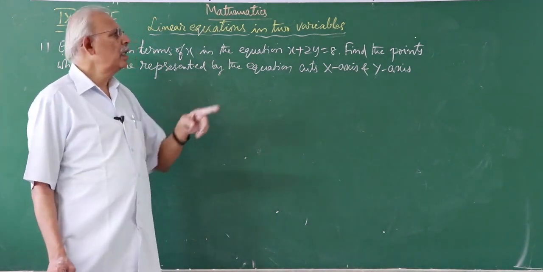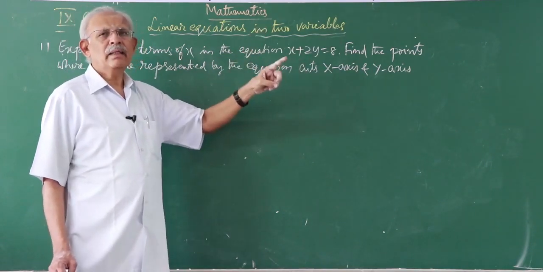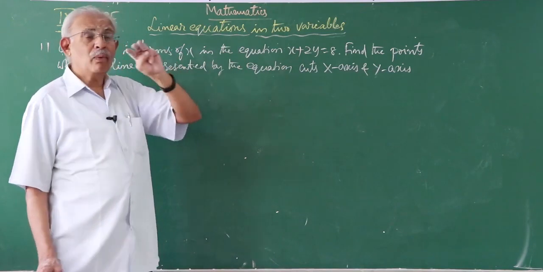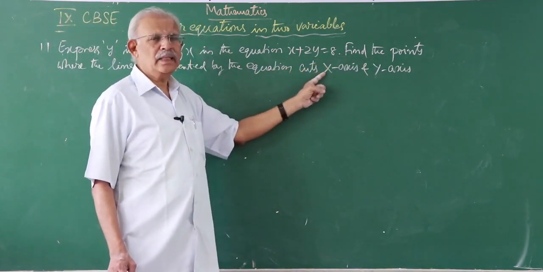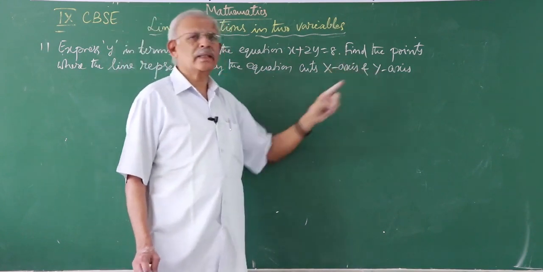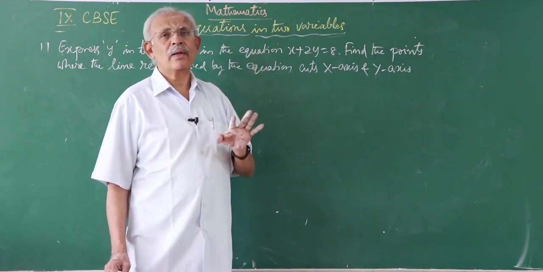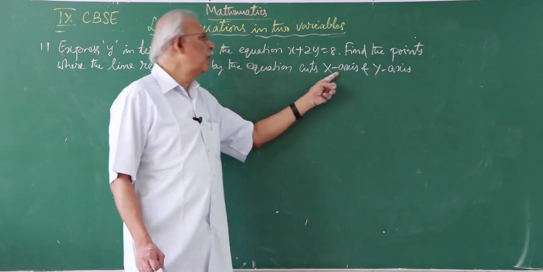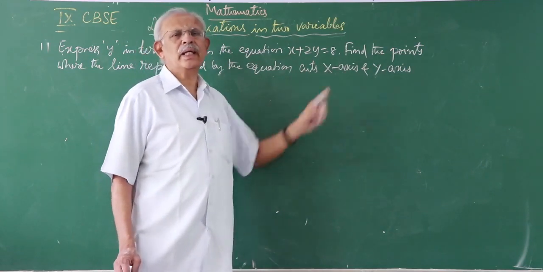That is, if you draw the graph of this equation, at what point it cuts x-axis and at what point it cuts y-axis. It means you have to find the coordinates of the point where it cuts x-axis and y-axis.